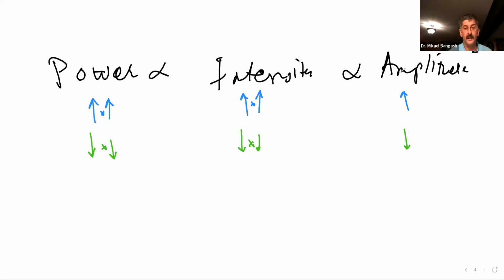Where you can say the change between power and intensity will be the same. That is, if this doubles, then this doubles. If power is reduced to half, intensity will also be reduced to half.